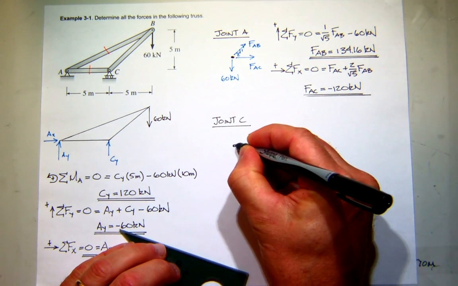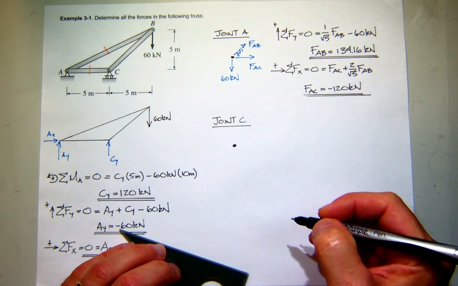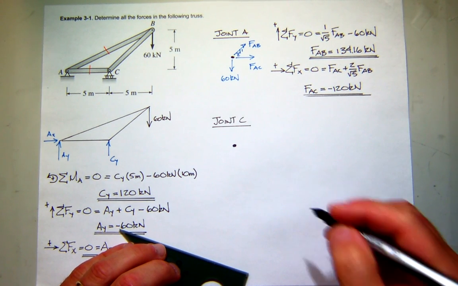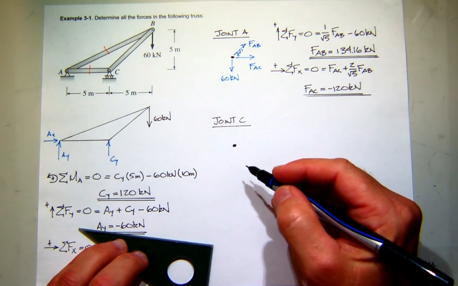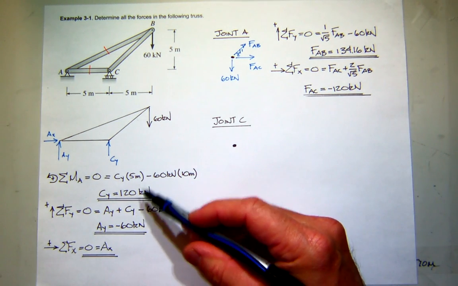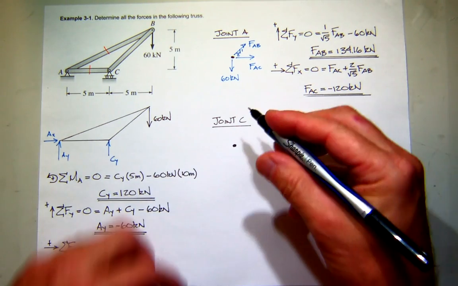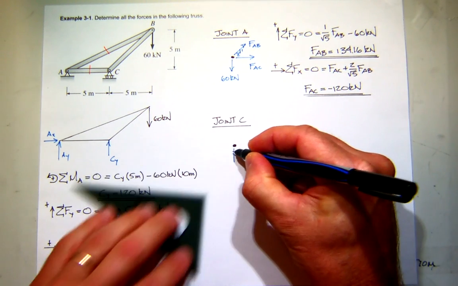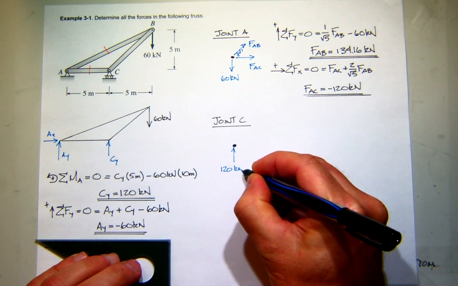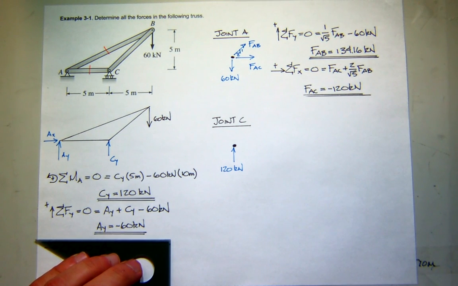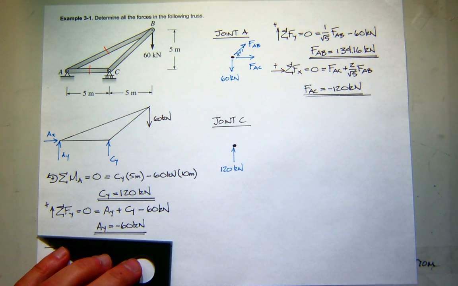Draw my free body diagram of C. I put in my CY force, which I found to be positive 120, and I assumed it to be up, so I'll apply that. And then my forces.